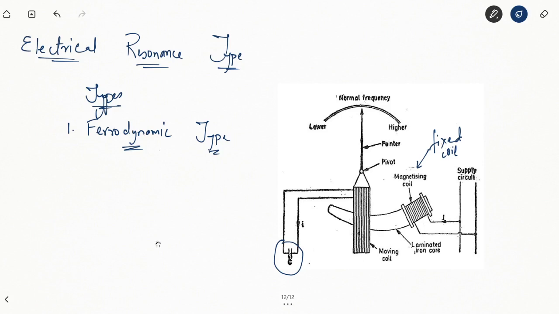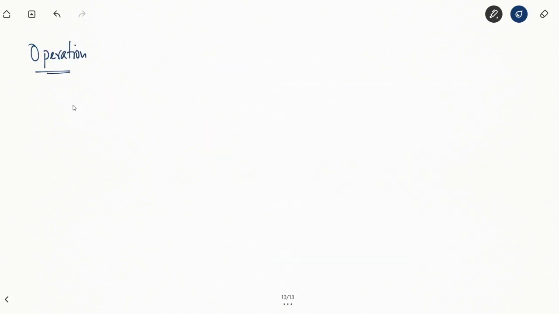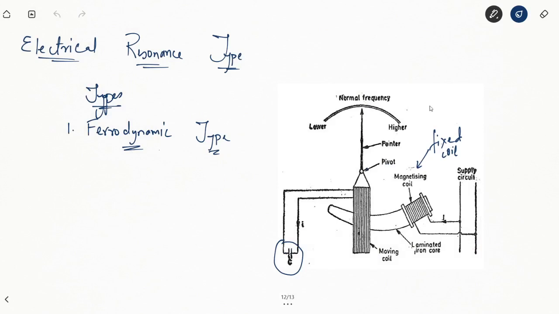So what happens here is we are applying voltage to the magnetizing coil. It will produce current I flowing through this magnetizing coil.